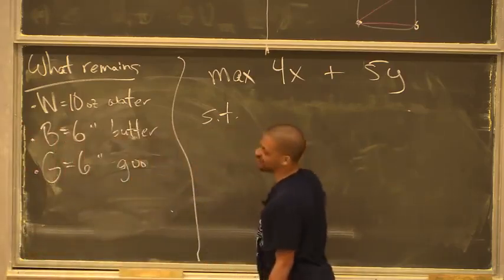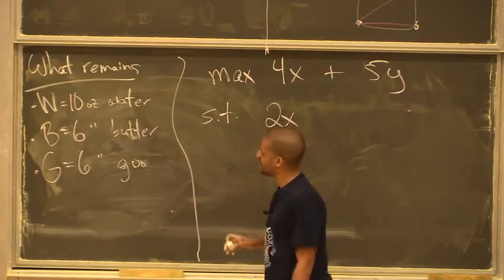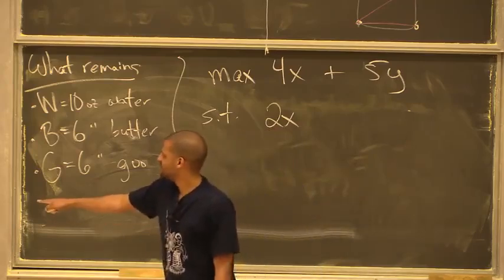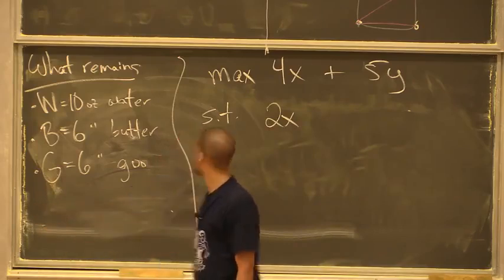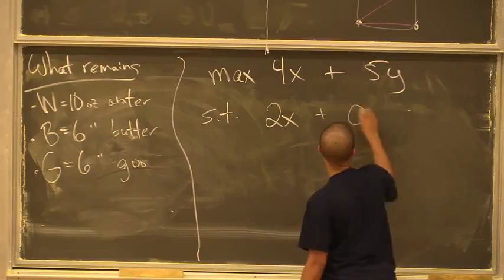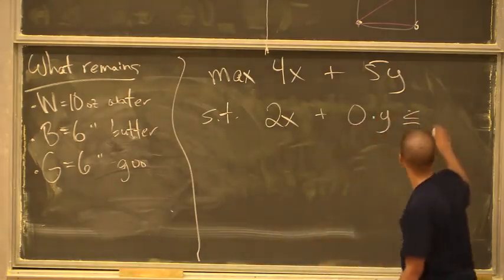So if I make x ounces of foo, I use up 2x ounces of water. Bars don't take water. So 2x plus 0y has to be at most the amount of water I have. I only have 10 ounces of water.